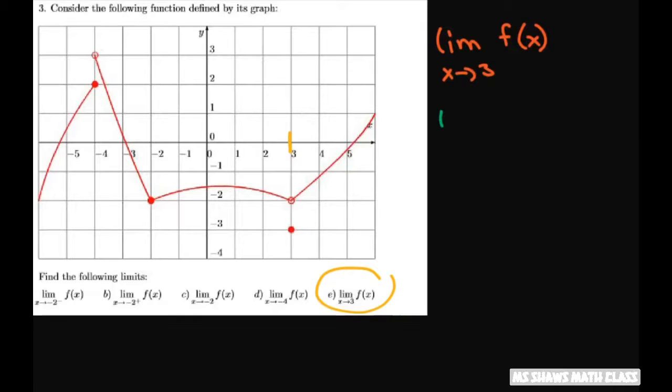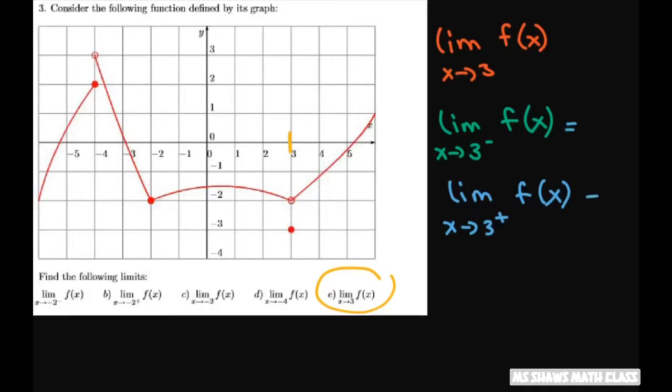So we have to go from the left and we have to go from the right. All right, so let's do both of those. So you have your friends are trying to meet up at 3, and so your friend on the left goes this way, makes a jump, comes down, comes around, and gets to this point here, which is negative 2.